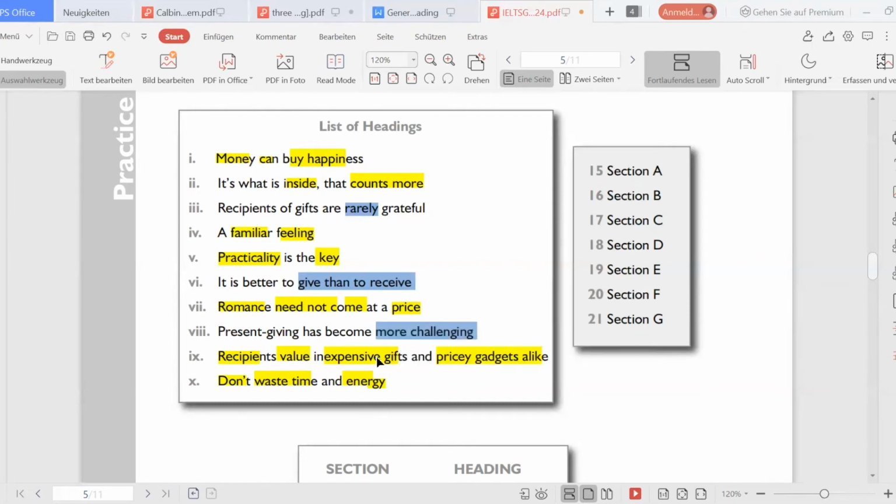"Recipients value inexpensive gifts and pricey gadgets alike": there's really no talk of valuing inexpensive gifts and pricey gadgets the same. Don't waste time and energy. So obviously our answer becomes letter IV, "A familiar feeling". Okay, so that is the answer to section A.